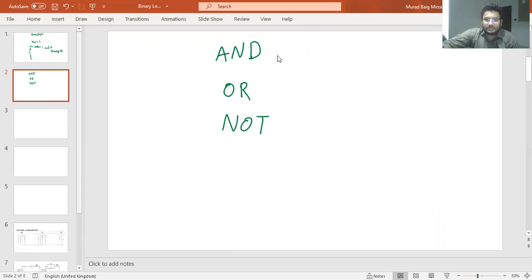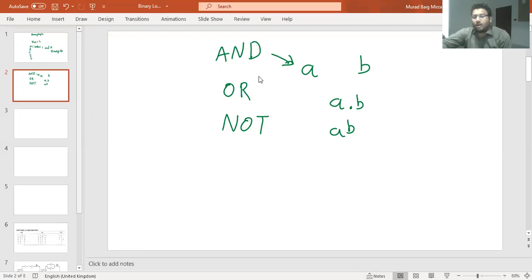Now we will discuss what these three operations are and how they are carried out on binary numbers. The AND of two binary numbers is represented as follows. Let's say we have two binary variables A and B. In the case of AND logic, A and B can be represented as A dot B or AB.